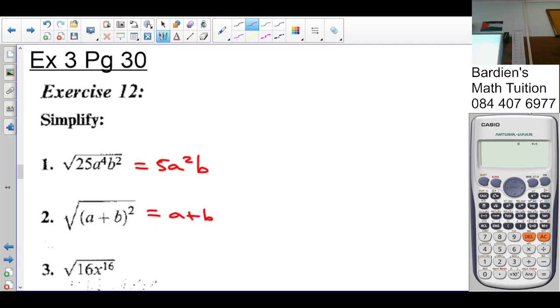Not so. The next one, what's the square root of 16x to the exponent 4? The square root of 16 is 4x. Remember, it's going to be 16 over 2. So it's going to be. Any issues there? No.